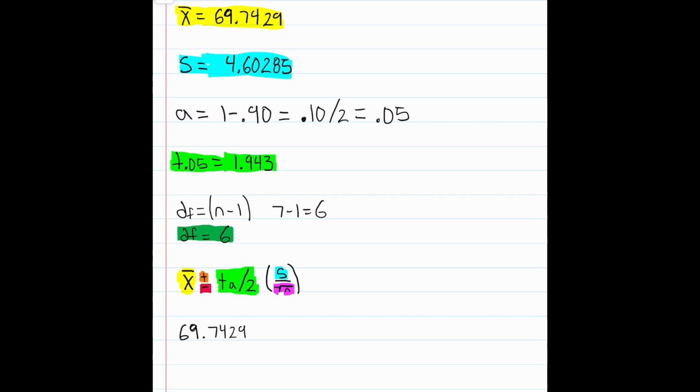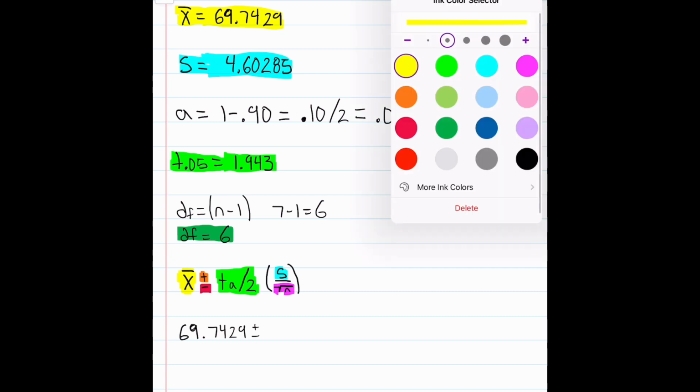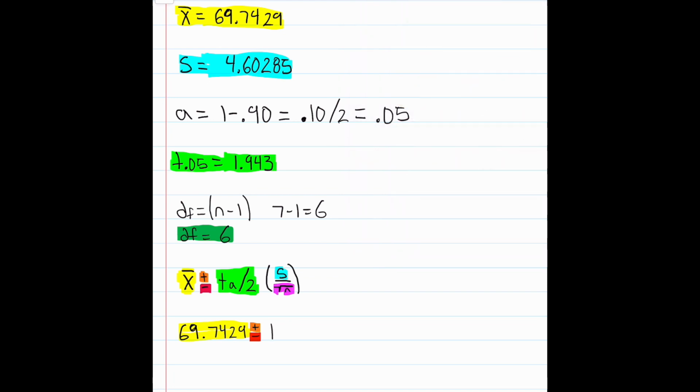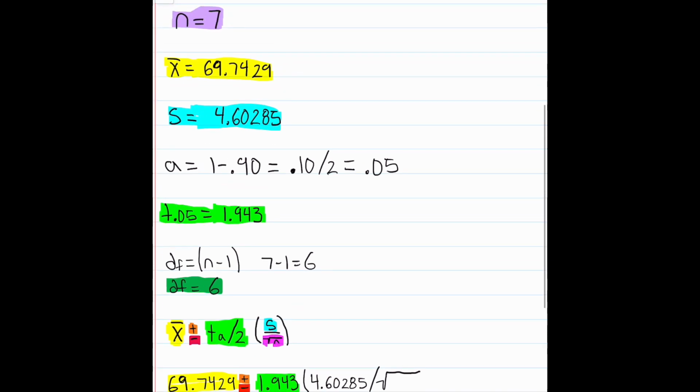So we're going to start with our x bar, which is 69.7429, plus or minus our t of alpha over 2, which is going to be 1.943, times the standard deviation, which is going to be 4.60285 divided by the square root of n, which is 7.